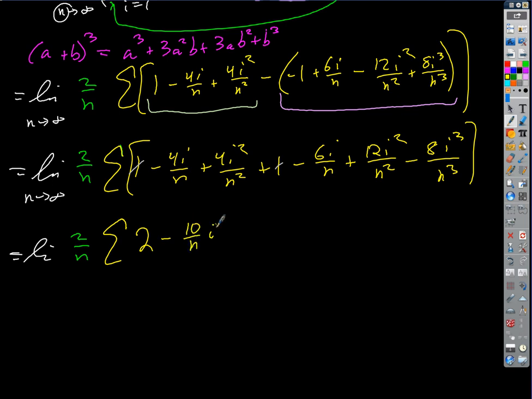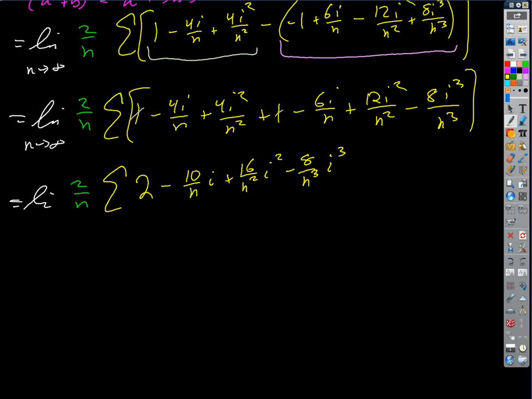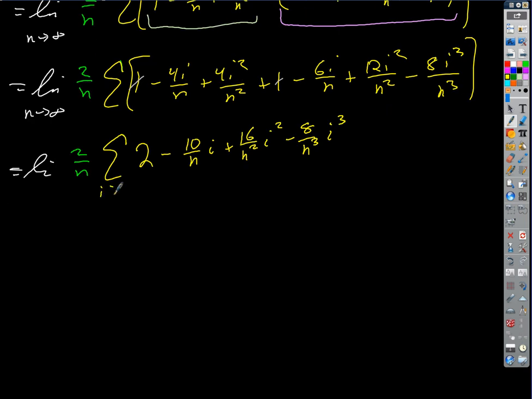And then the i squareds, I've got 16 over n squared, i squared, and then 1 i cubed term. Right? Make sense? We're going from 1 to n, and we're taking the limit as n approaches infinity, right?